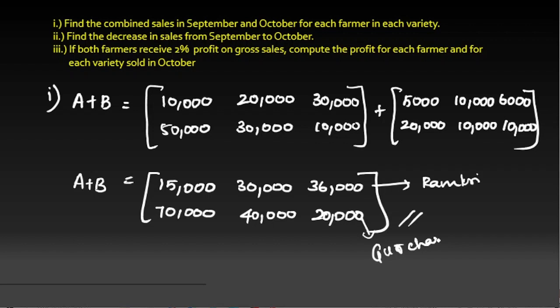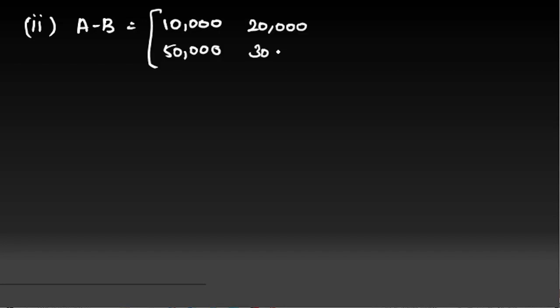Find the decrease in sales from September to October. So your second subdivision is going to be A minus B. That's it. A minus B means first I'll write the values of A. So 10,000, 50,000, 20,000, 30,000, 30,000, 10,000.